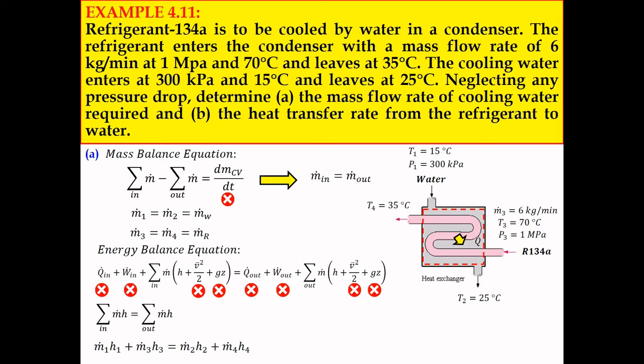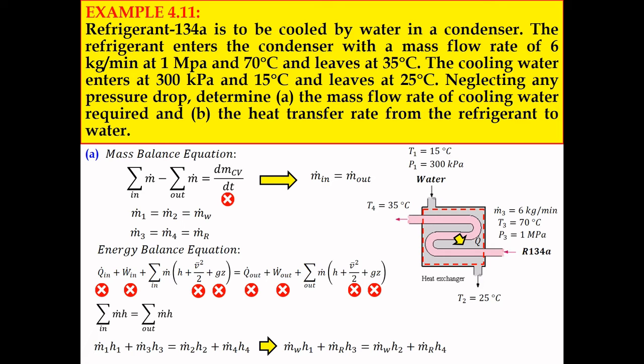Okay, so if you apply the specific data for this heat exchanger to the energy balance equation, we get m1 dot multiplied by h1 plus m3 dot multiplied by h3 equals m2 dot multiplied by h2 plus m4 dot multiplied by h4.